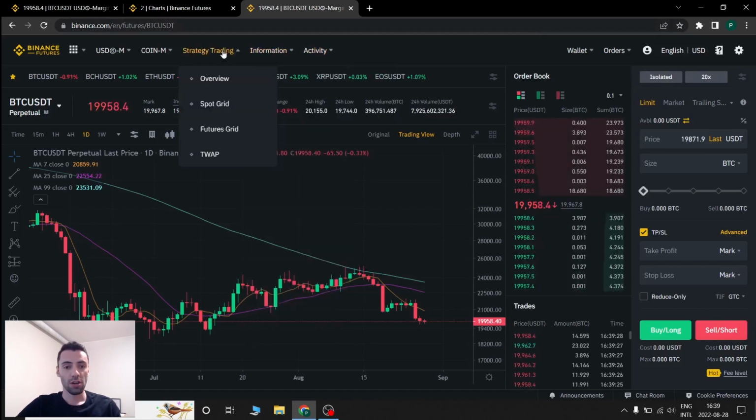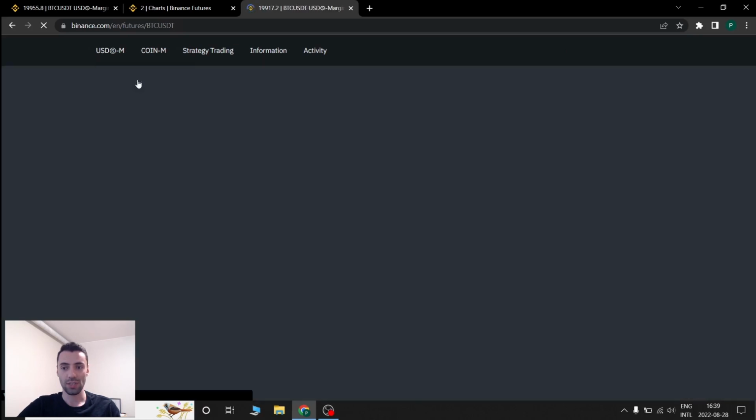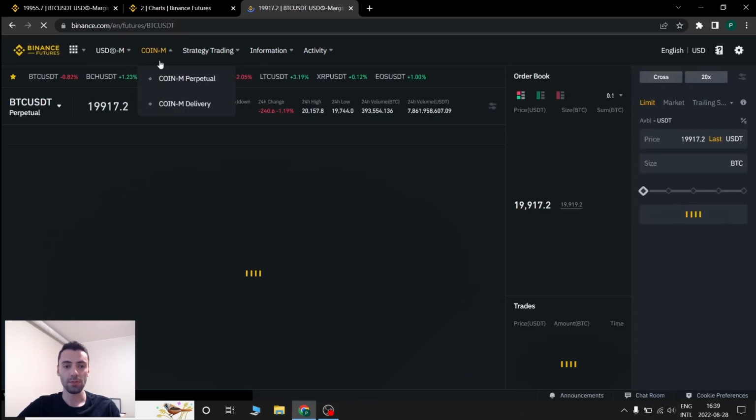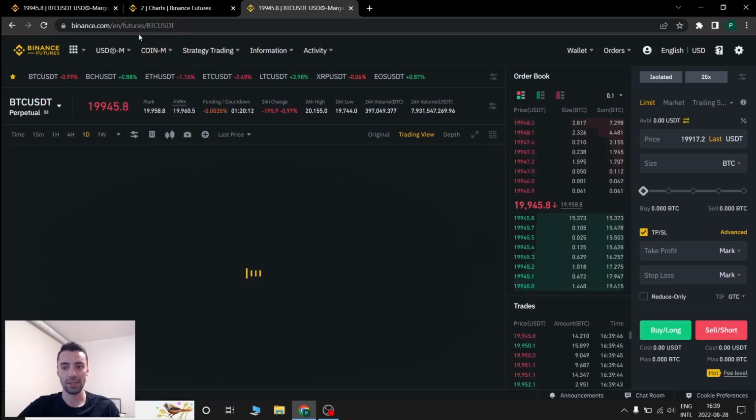We are not going through these parts, they're not really useful for us. And here we are on USD perpetual. We want this one, USDT perpetual, because the stablecoin that I use for trading is USDT.